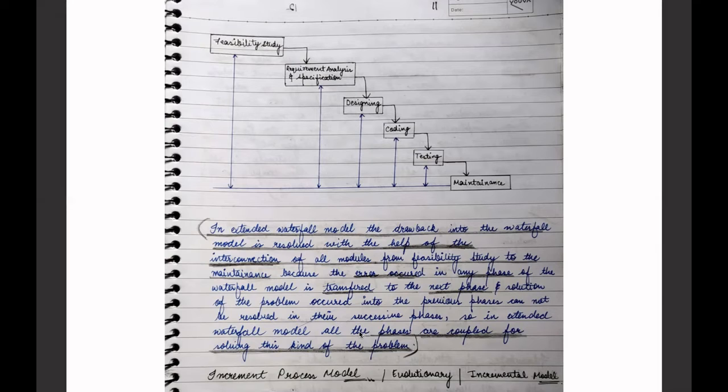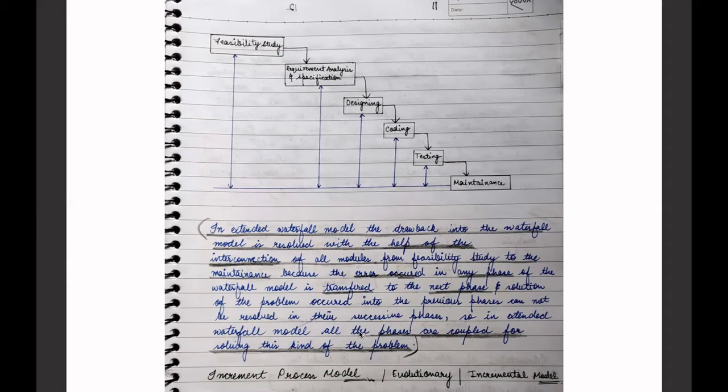Instead, development begins by specifying and implementing just part of the software, which is then reviewed to identify further requirements. This process is then repeated, producing a new version of the software.